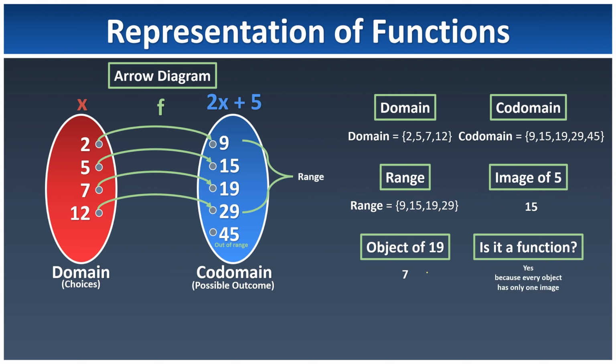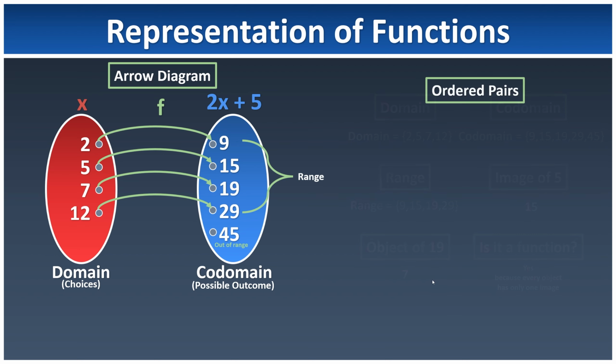But a function can be represented not only in an arrow diagram, but also in ordered pairs. An ordered pair set consists of couples in coordinate form. You can think of it like a coordinate where we have x and y, but now the object and image make up the coordinate.